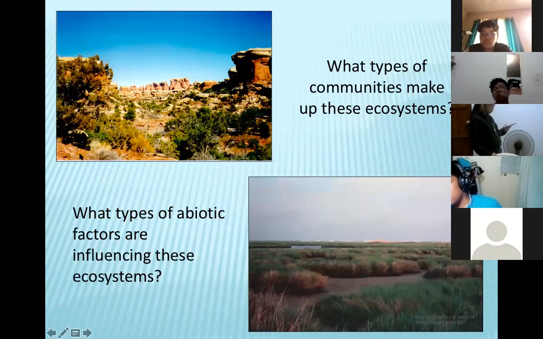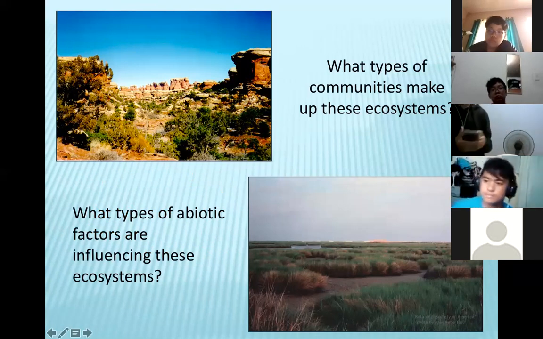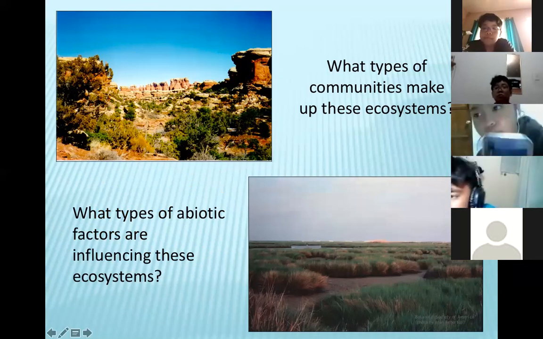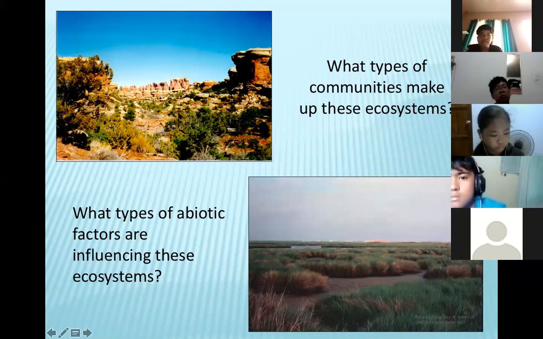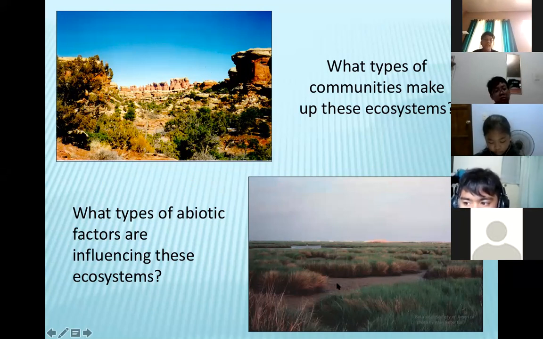So for example, on the pictures here on our slide, this is a different kind of ecosystem. If you will notice, there are different kinds of abiotic factors that are influencing this ecosystem. So the amount of rainfall is very low in this kind of ecosystem compared to the second picture here.